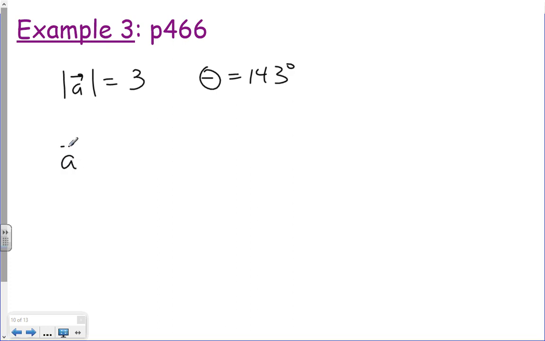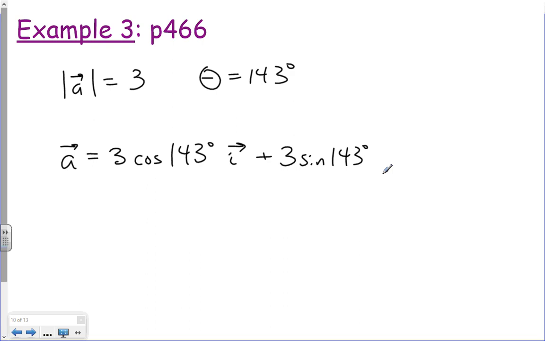So vector A can be written as the magnitude of the vector, which is 3, times the cosine of the direction, which is 143 degrees, times your horizontal unit vector i. And we add to that the magnitude of the vector times the sine of the direction of that vector times your vertical unit vector j. There is that vector in its component form, your horizontal and vertical component form.